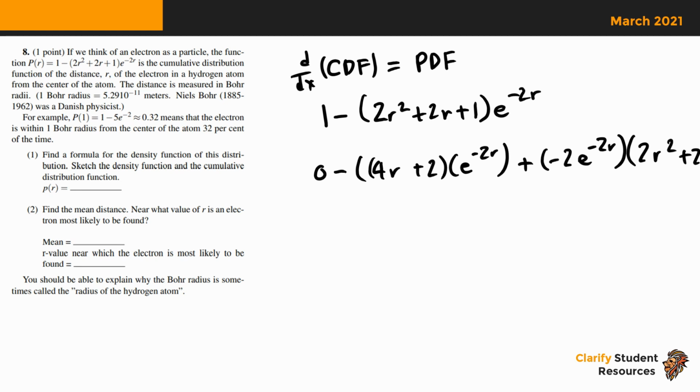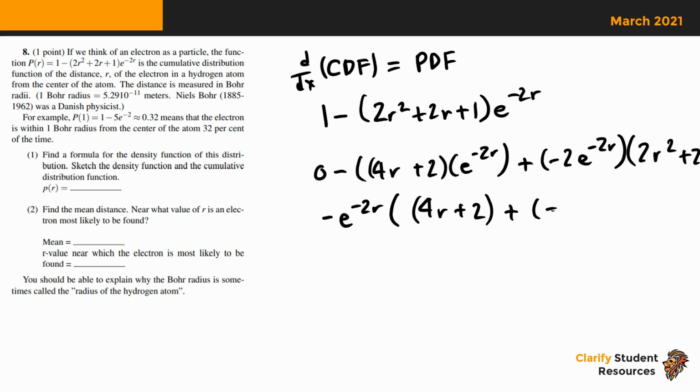Okay, so at this point we just have to do some factoring and expanding. We can factor out the common e to the negative 2r term. So we take that out, and we get negative e to the negative 2r, and then we get 4r plus 2 plus, and then we apply the negative 2 inside.